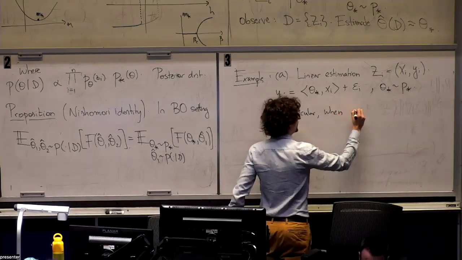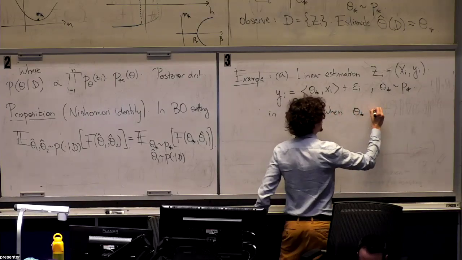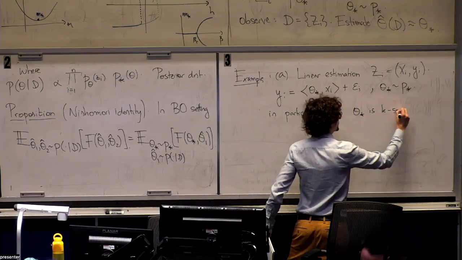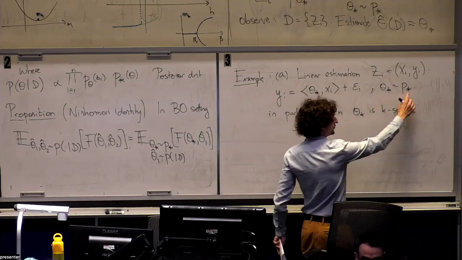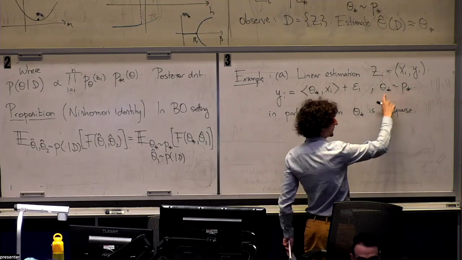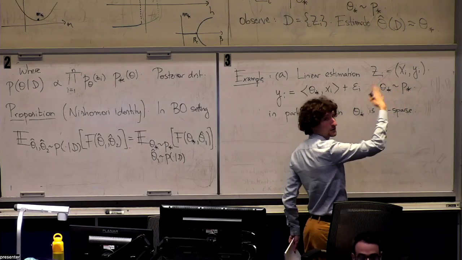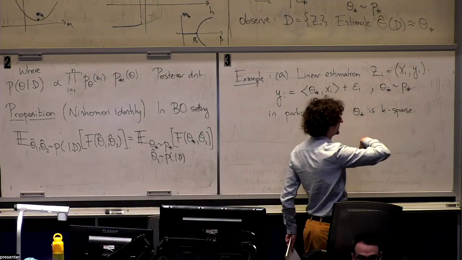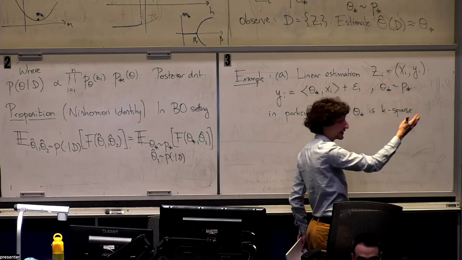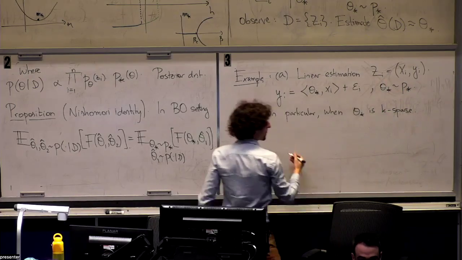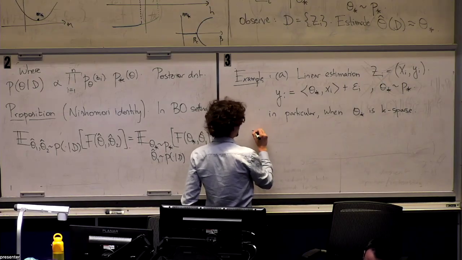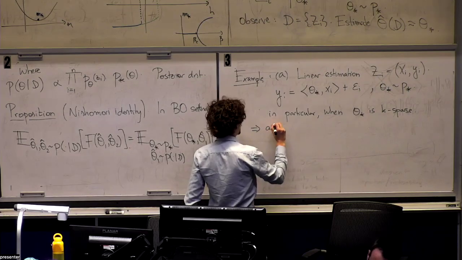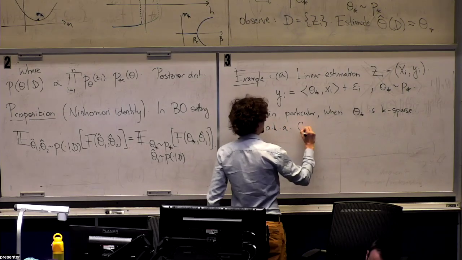In particular, when theta star is k-sparse, so when this is a sparse vector, meaning that this distribution is essentially saying that this vector has k non-zero elements and d minus k zeros, then we call this the compressive sensing problem, also known as compressive sensing.